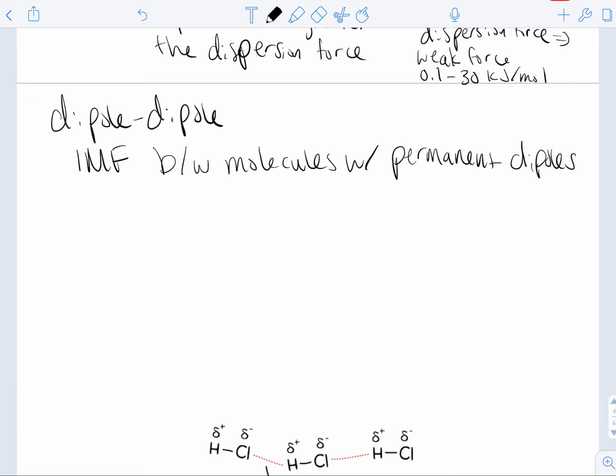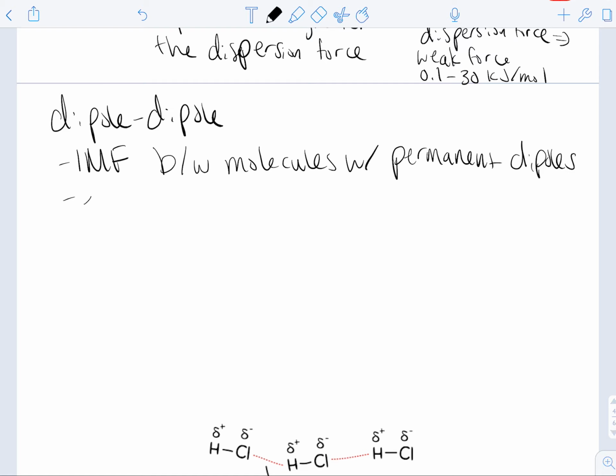So we have an electrostatic interaction between the positive pole of one polar molecule and the negative pole of another polar molecule, or if we have a large enough molecule, it can be the positive pole of one side and the negative pole of another side.